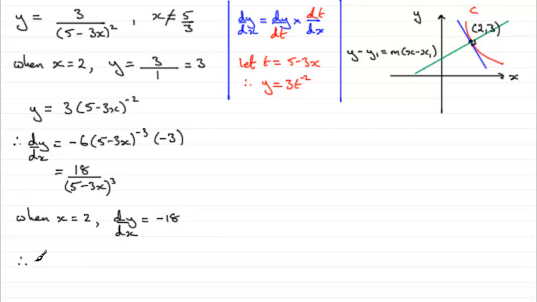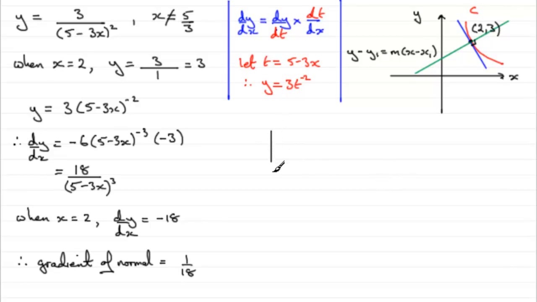So therefore the gradient of the normal, so we just write that in, gradient of normal, is going to equal 1/18. Or a simple rule, all you've got to do is switch the sign, minus to a plus, and reciprocate the 18. So that'd be 1 over 18. So that's the gradient of the normal. So we've got everything we need now to get the equation of the normal.